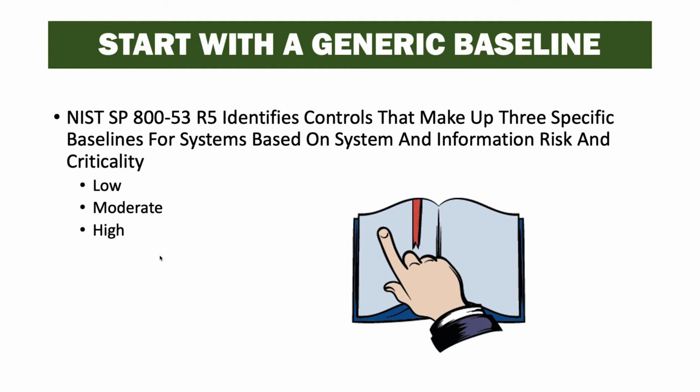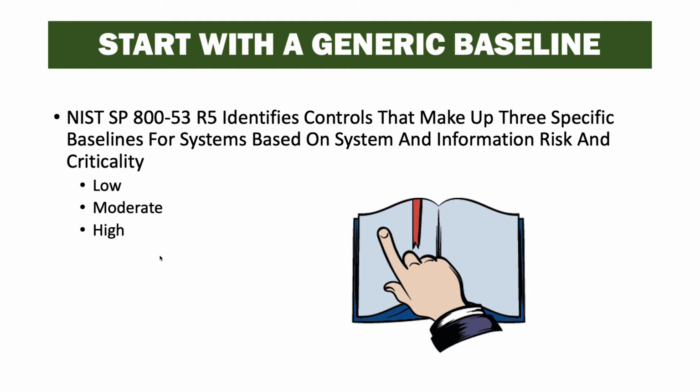And in those cases, we'll see it as low, low, low, or low, moderate, high, something like that, where you'll have a classification for each of the security objectives. That's a little foreshadowing. We won't go into that any more depth in this topic, because right now we're going to talk about the basics of creating these baselines, and we'll cover the DoD and the intelligence community's development of baselines in a later subject.